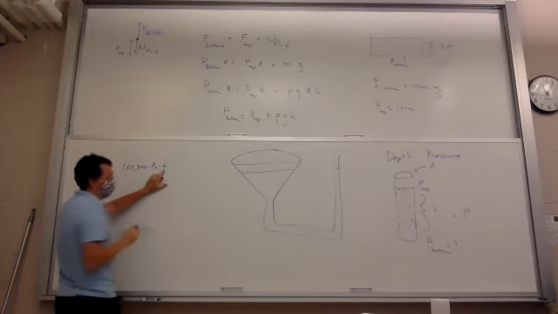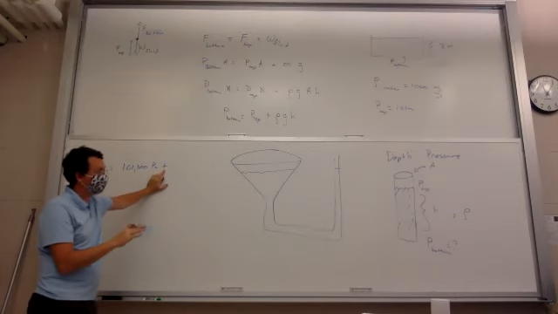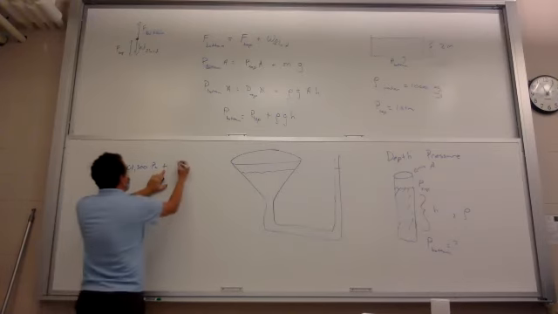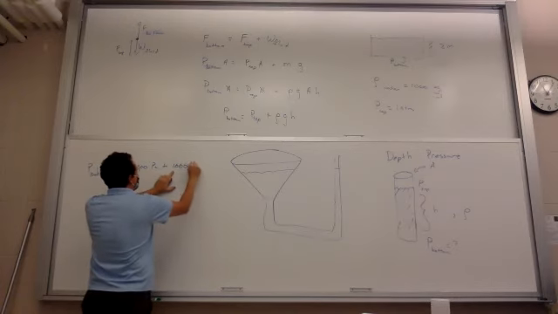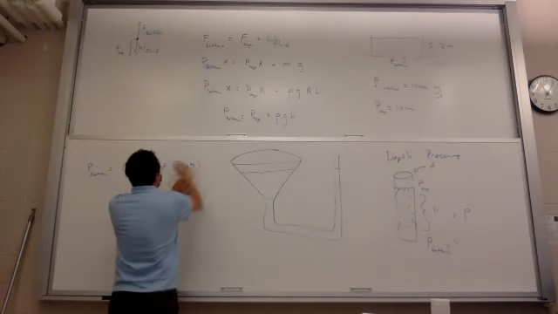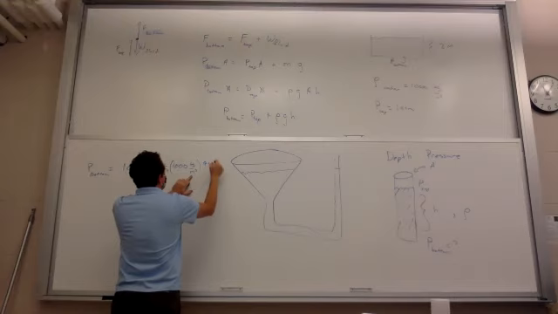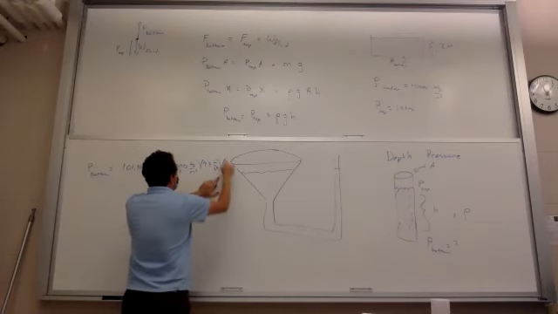And rho g h in metric units will come out in Pascals if you use standard metric units. So that would be 1,000 kilograms per meter cubed times g, which is 9.8 meters per second squared, times the height, which is 2 meters.